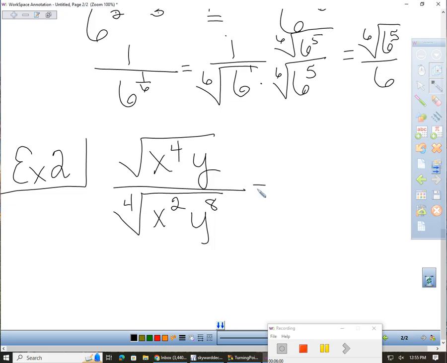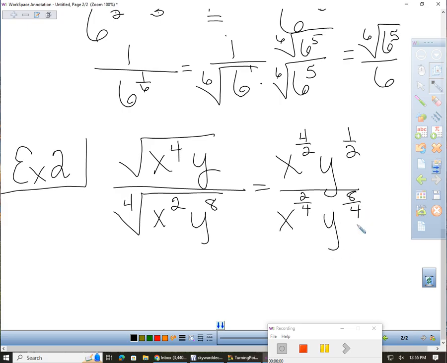So this is going to become x to the 4 over 2, right, power over root, y to the power over root, over. On the bottom, I have x to the power over root, y to the power over root. See, that part wasn't so bad, right?